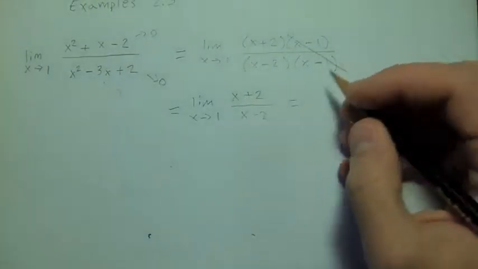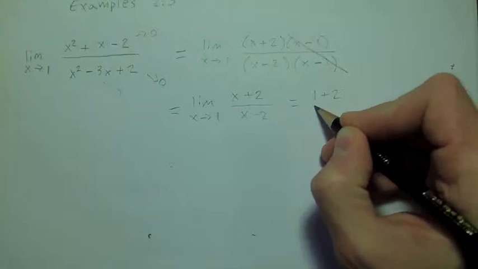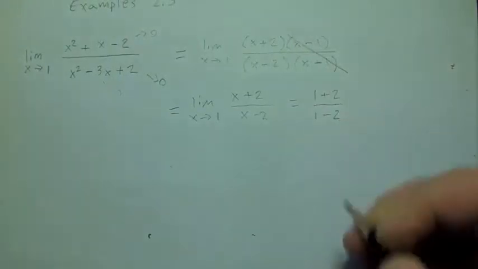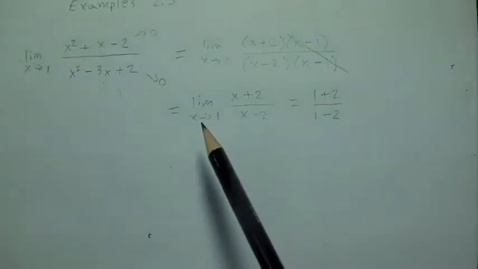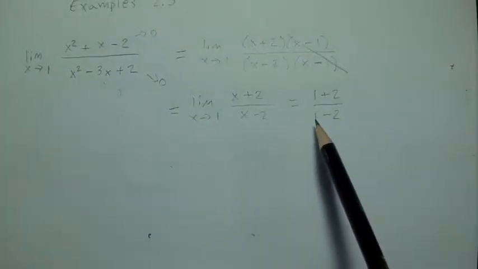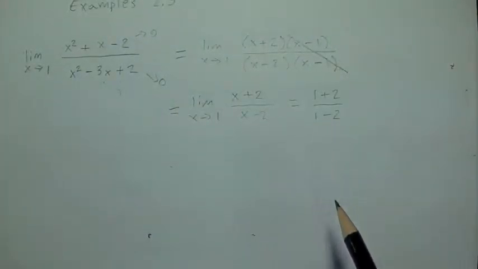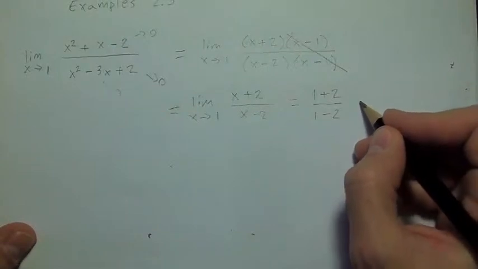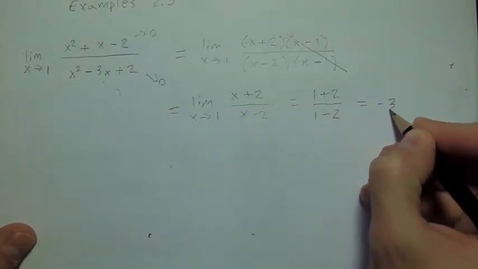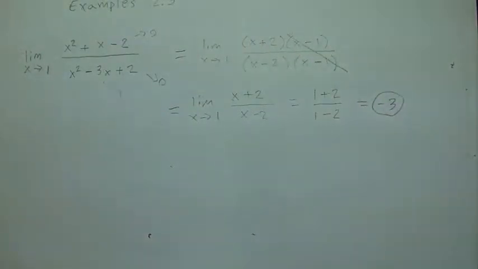So plugging in 1, I'm just going to write it out explicitly so you see that I'm actually plugging in the 1 there. Notice my limit sign disappeared when the x's did. There are no more x's, so I can drop my limit sign. So this is going to be 3 over negative 1, also known as negative 3. And that's our answer.